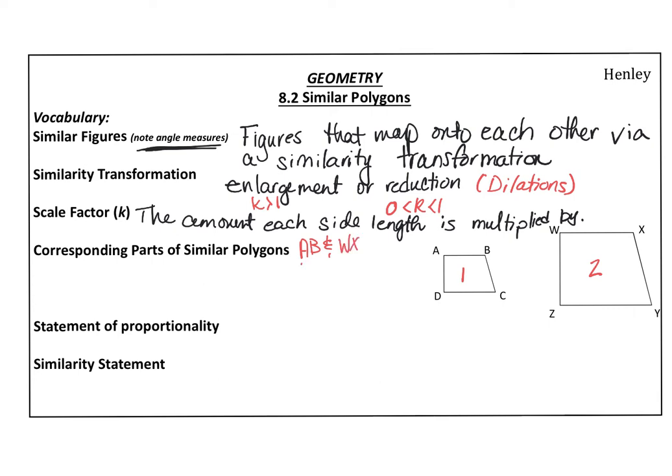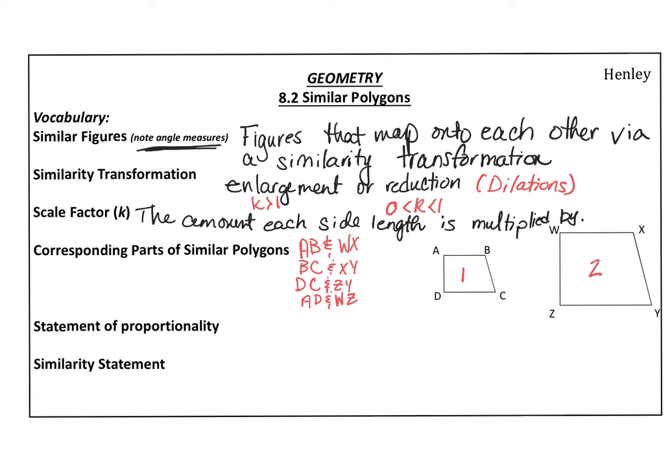We then have BC, which corresponds with XY. DC corresponds with ZY. And finally, AD corresponds with WZ. Now, this is exactly the same as when we did similar triangles, and we've talked about when triangles were congruent and we wrote congruency statements, but now all we're doing is labeling the sides that match up.